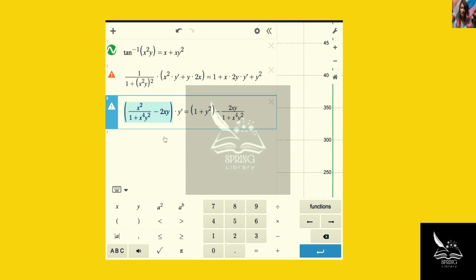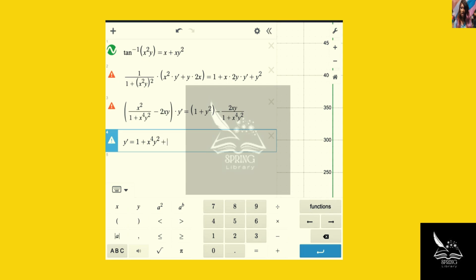So what we'll end up getting as a result when we divide all this is we're going to have that y prime is equal to 1 plus x to the 4th y squared plus y squared plus x to the 4th y to the 4th minus 2xy.